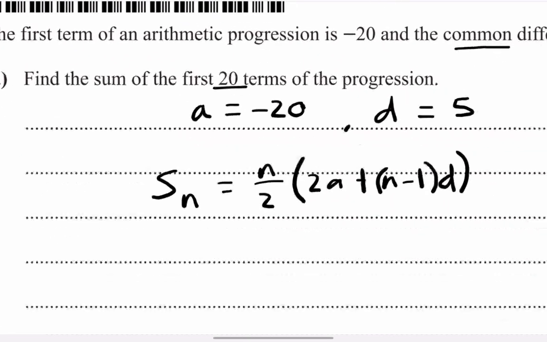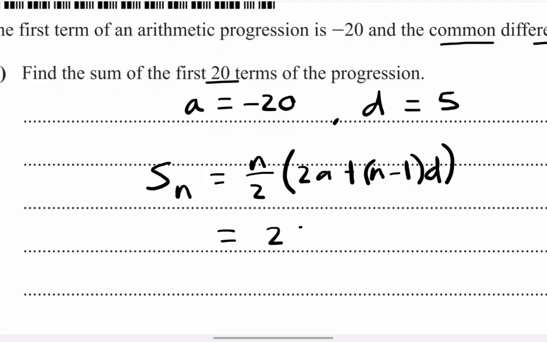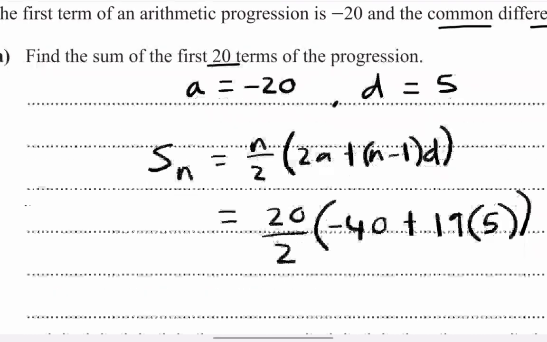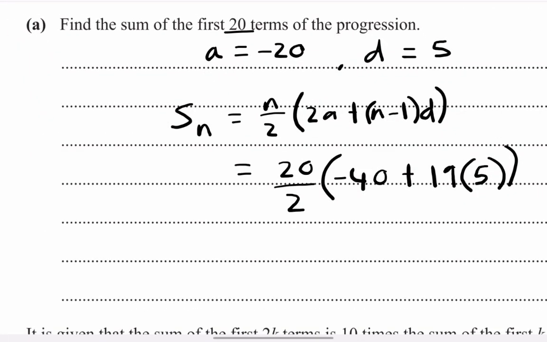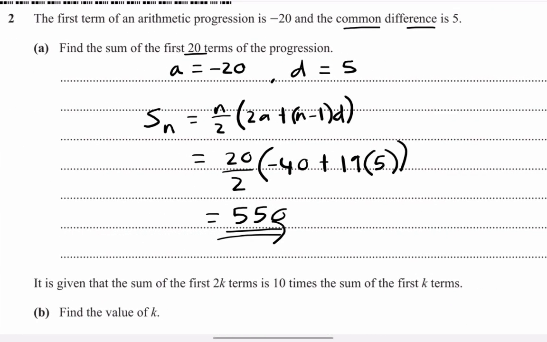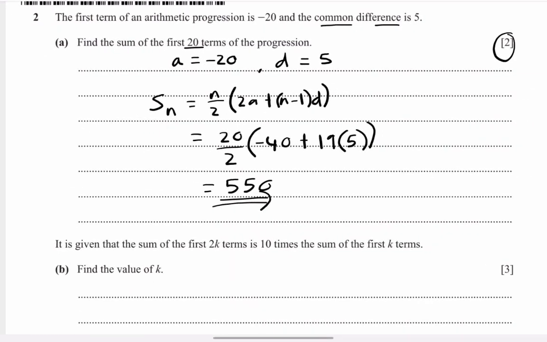And our n is 20, so we're going to go ahead and say 20 over 2, 2a, that's minus 40, plus n minus 1, 20 minus 1, that's 19, d is 5, and that should give us 10 times minus 40 plus 19 times 5. That is giving us 550, and that's the sum for the first 20 terms. You get your 2 marks for that.